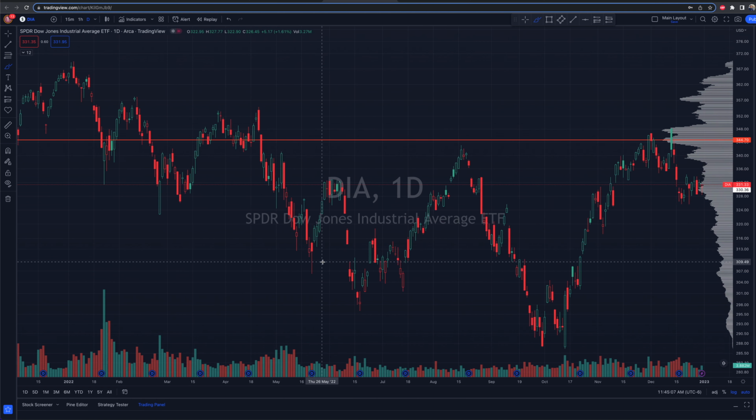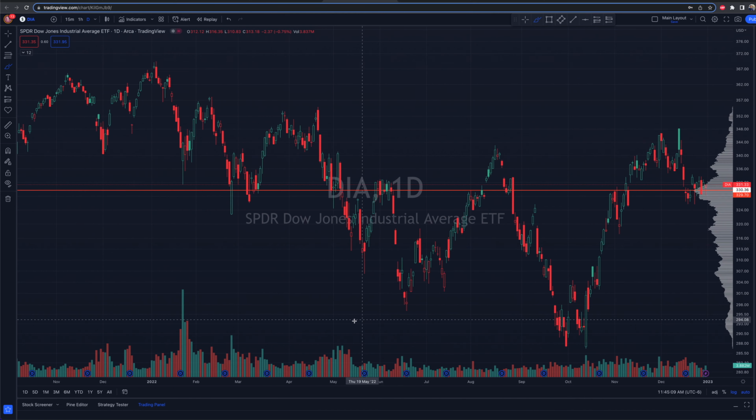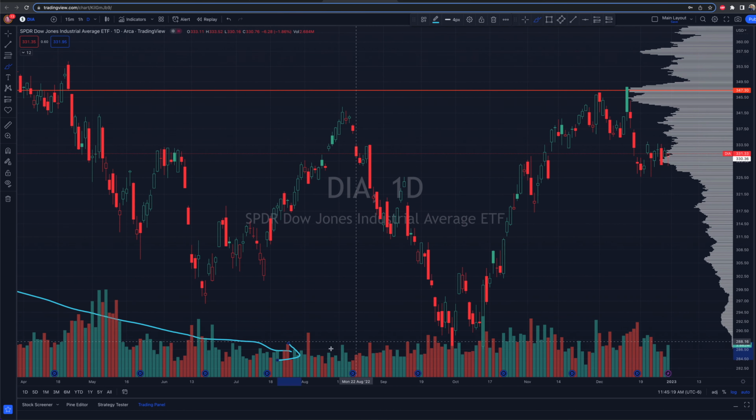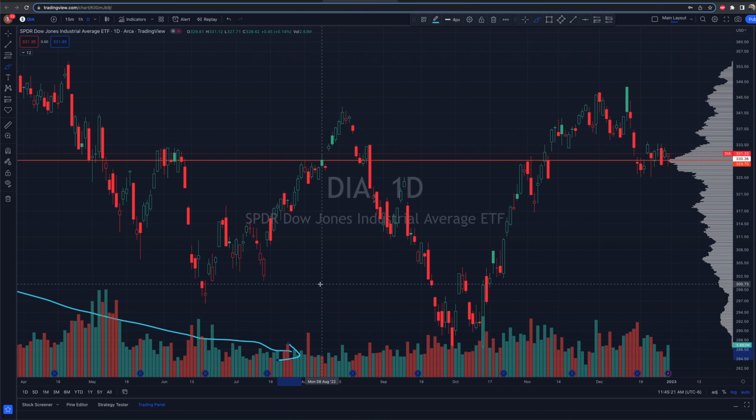Now, what we noticed right here is that in 2022, here's the beginning of 2022, okay? We had higher volume that slowly just trickled off overall, and that volume really trickles off as we get into July, August. Now, that was the summer months, but that volume really was super, super low into August. Note that the market was pushing up to highs.